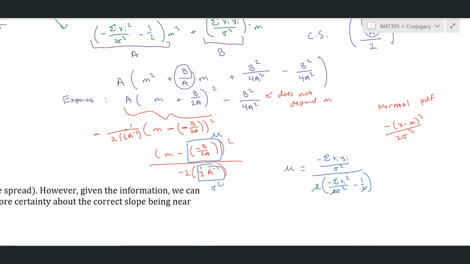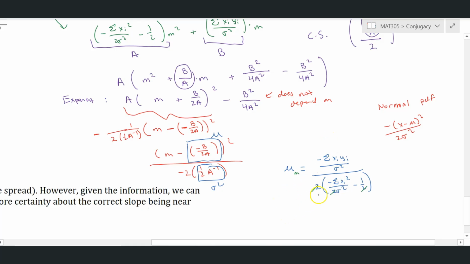Of course, the mean depends upon the standard deviation. And what's the standard deviation? Well, remember, this sigma squared is specific for the variance, not of m, because now we're finding the variance and mean of the distribution of m given the data, and this sigma squared comes from the variance associated with the error in our model.